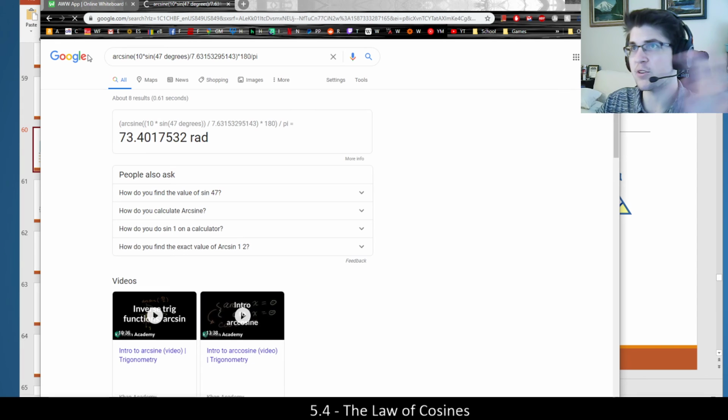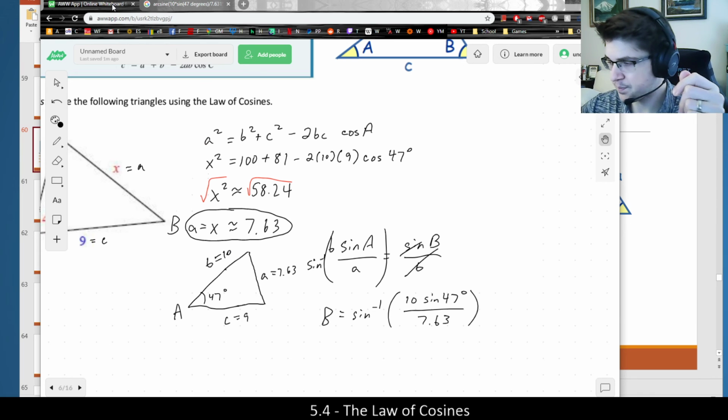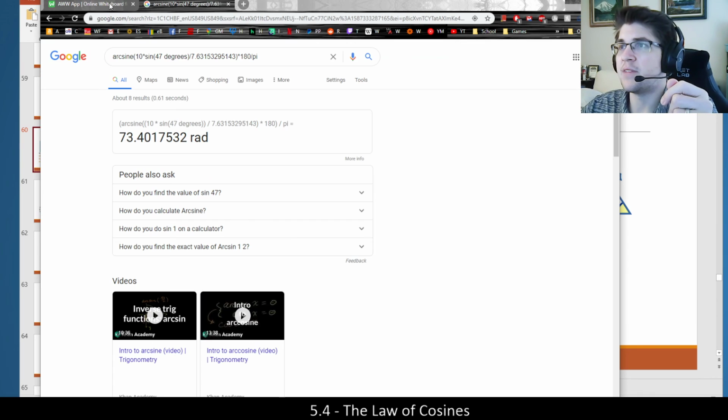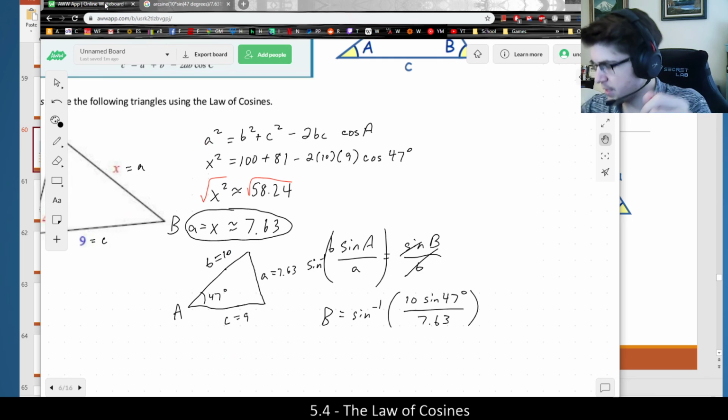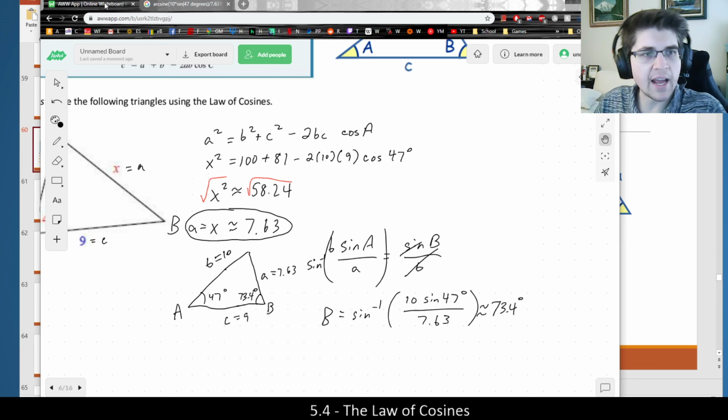But I'm going to go ahead and convert to degrees, which is 73.4 degrees. And I'm going to ignore the radians because I converted. Sorry, that was 73.4 degrees for angle B. And that gives me this angle right there. And again, it appears to be about right. It passes the smell test when I have a properly drawn triangle.